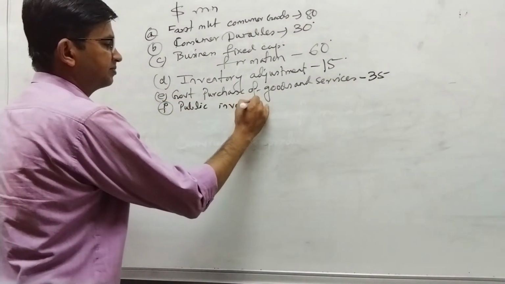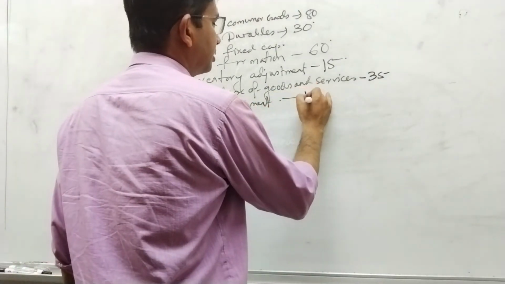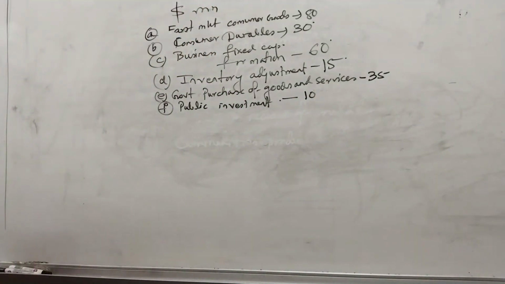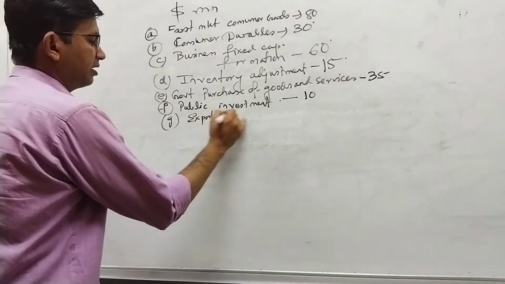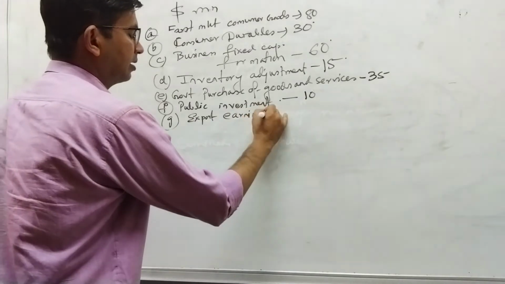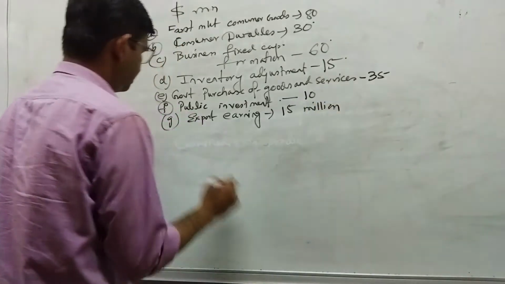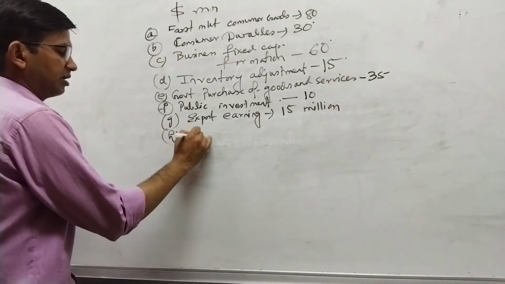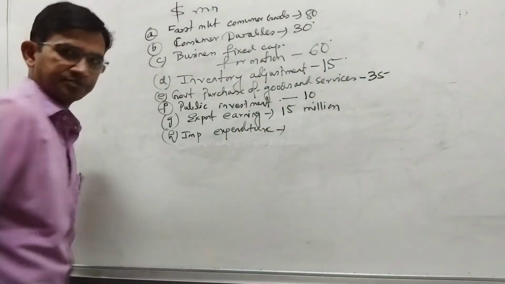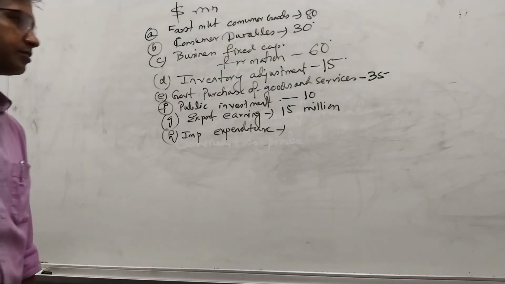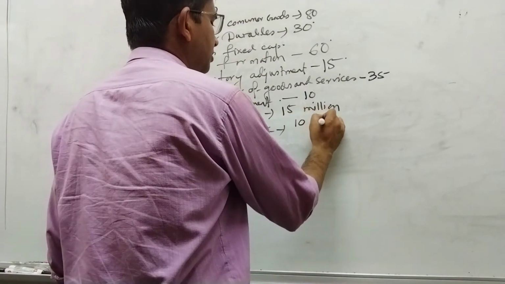Public investment, $10 million. Export earning, $15 million. Import expenditure, $10 million.